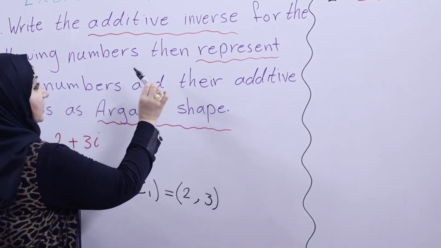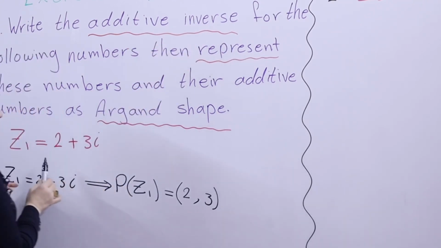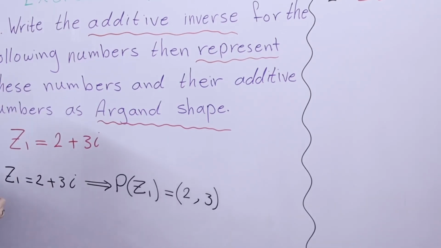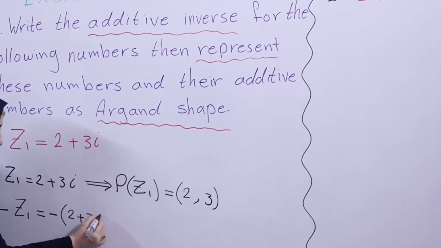So now we can represent this complex number which is given in the question, but he wants us to find the additive inverse for this complex number. So it will be negative. شنو الاديتيف inverse؟ الاديتيف inverse النظير الجمعي. شنو النظير الجمعي؟ نفس العدد بعكس الإشارة. So we will write it negative Z1 equal negative 2 plus 3i.